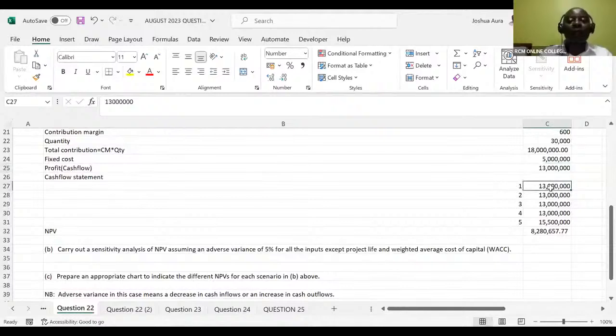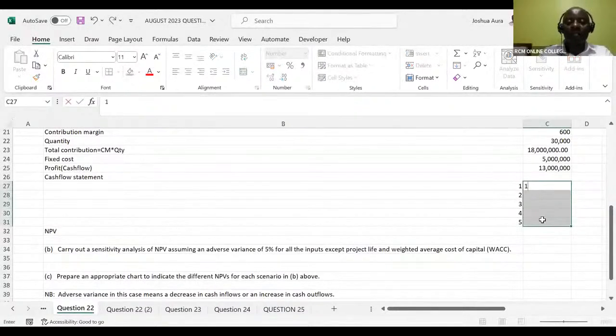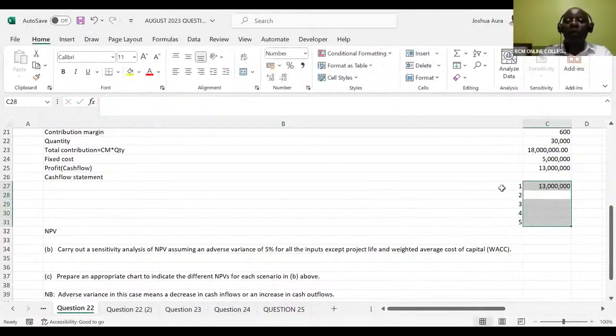I'm writing these things physically. Don't even go for a shortcut. So in this case here we have, ladies and gentlemen, our 13 million, because 13 million is what we shall be enjoying for how many years?